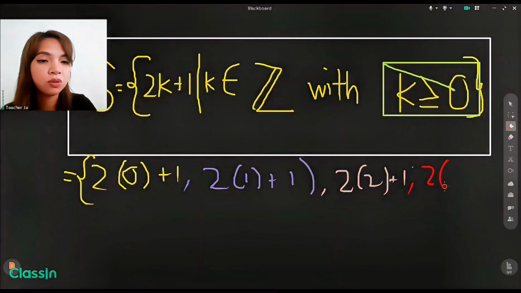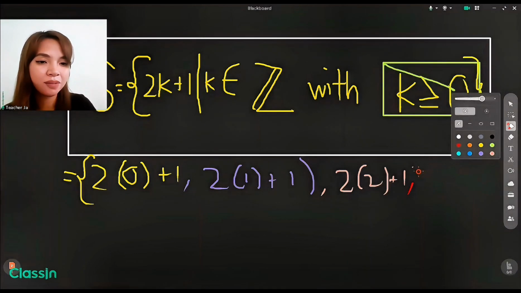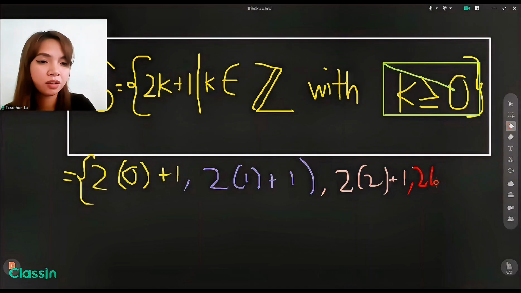So 2 times 3 plus 1, and so on and so forth.